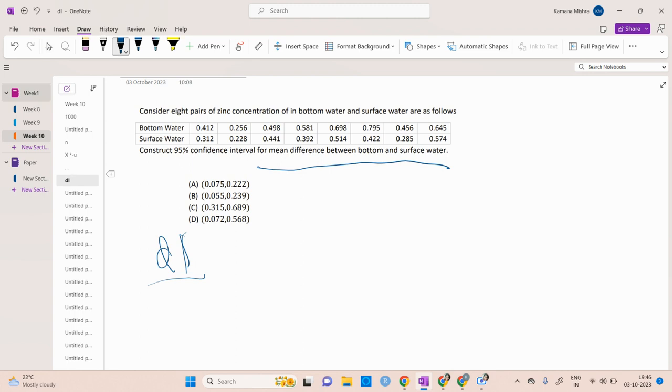Firstly, you do the difference. So the difference is what, 0.1, and then here it will be 0.02, I think, then 0.168, 0.28, and then 0.057, and then 0.581 minus 0.382, so it will be 0.189, and then the difference will be 0.184.